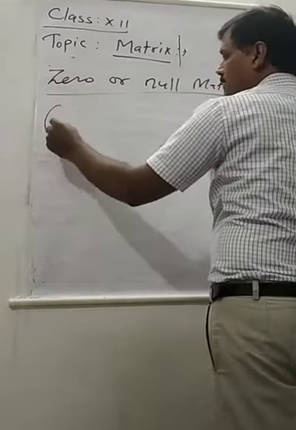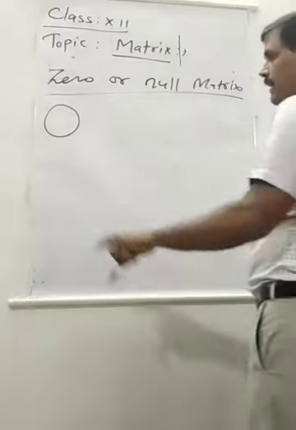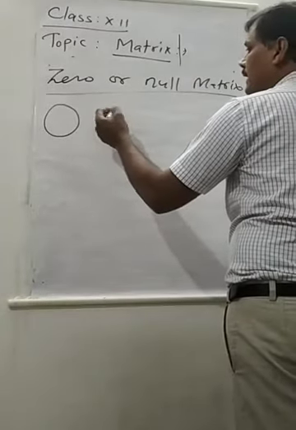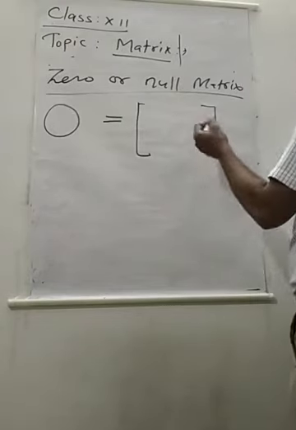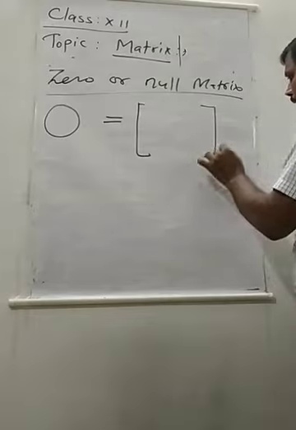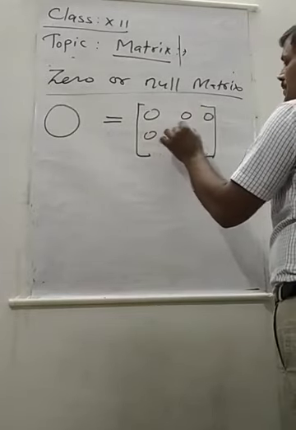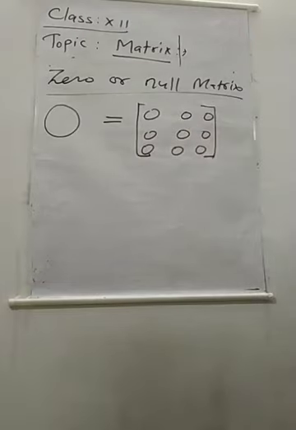Children, zero matrices are usually represented by O only. Out of all the English alphabet A to Z, O is only prescribed to represent any null or zero matrix. It is also a matrix of any order, doesn't matter what the order it has, but all its entries must be zero. See? Children, what is the order of this matrix?